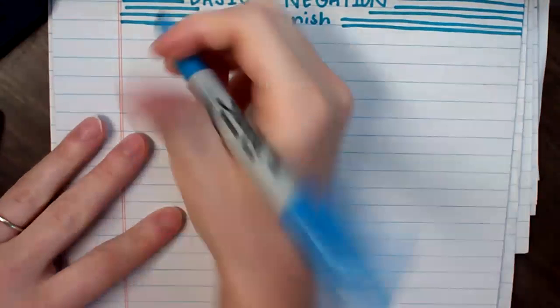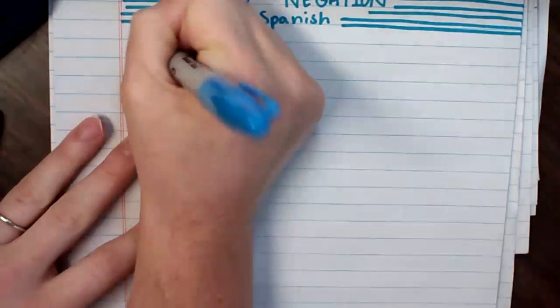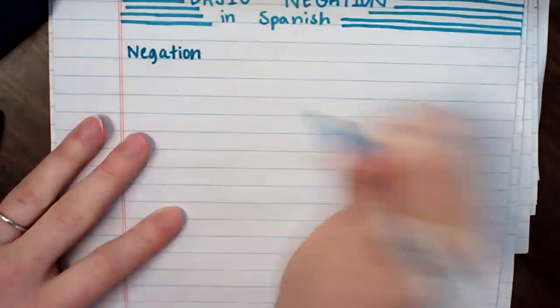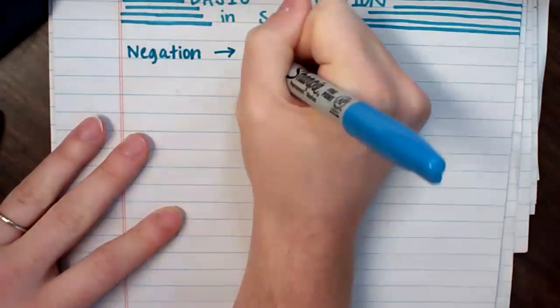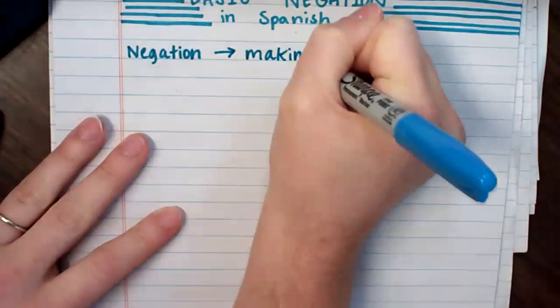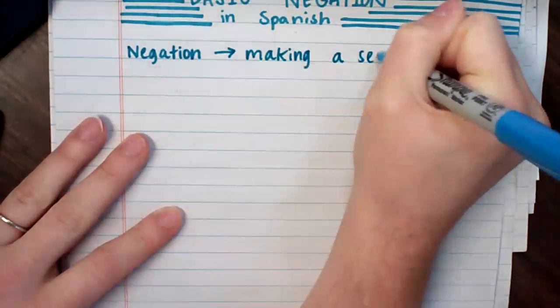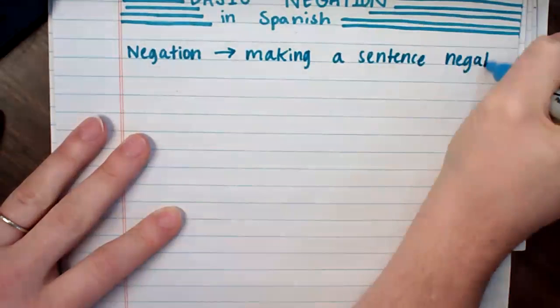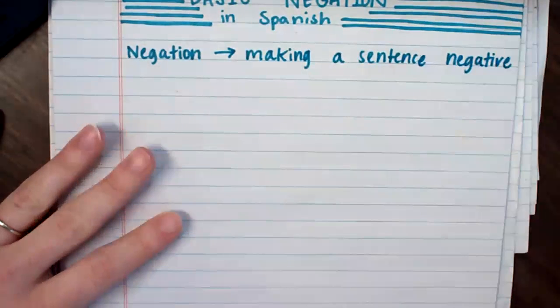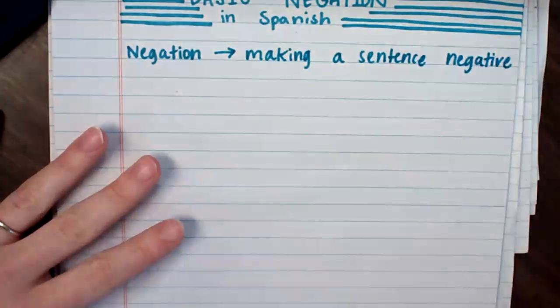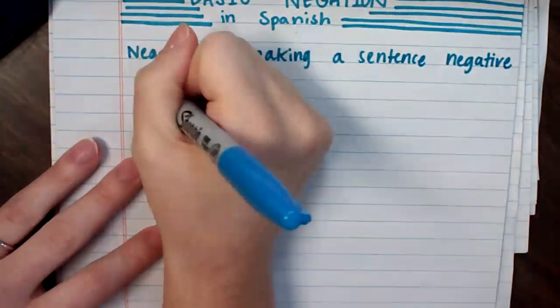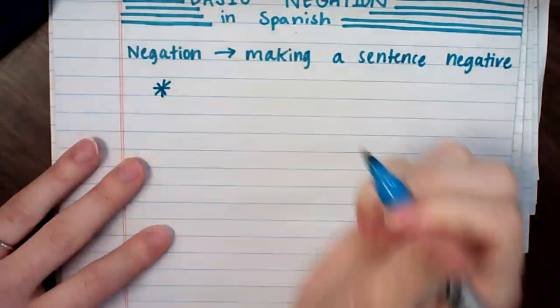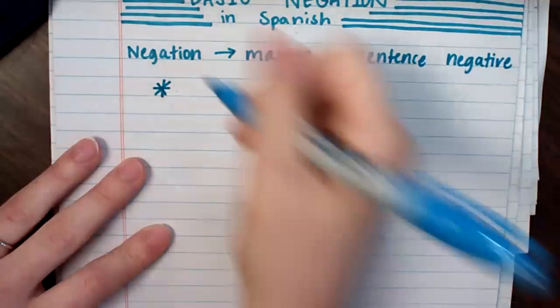So once again, negation is just making a sentence negative. So one big key that you need to know in Spanish that is different from English.